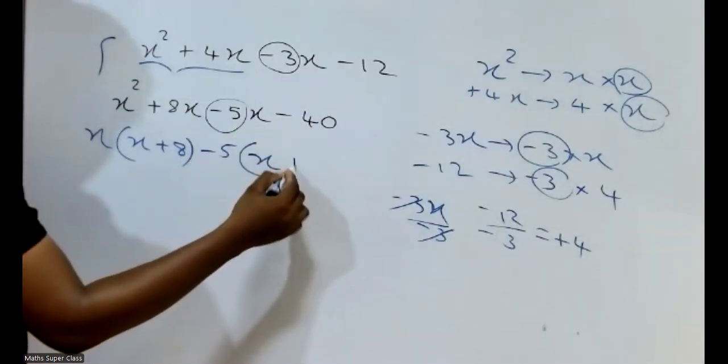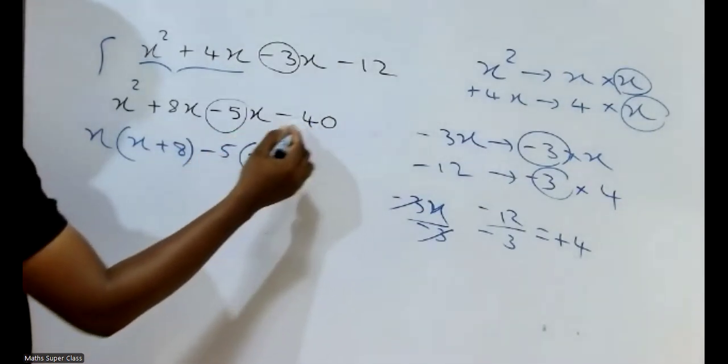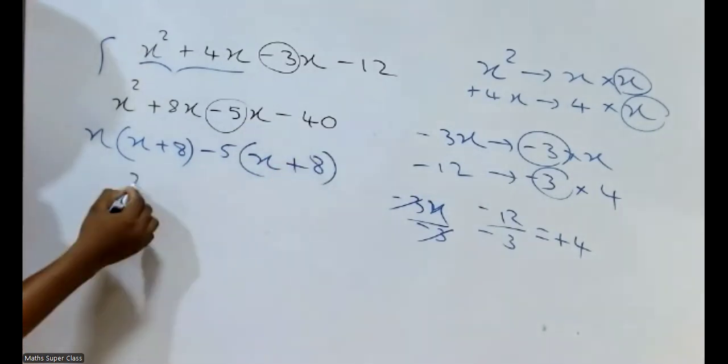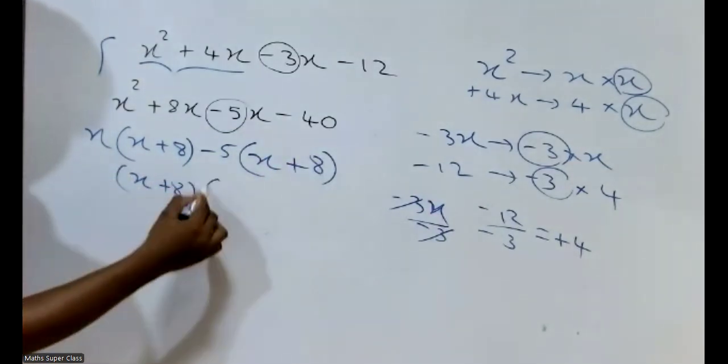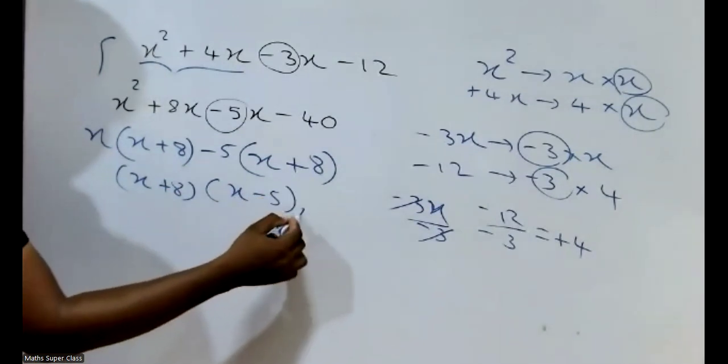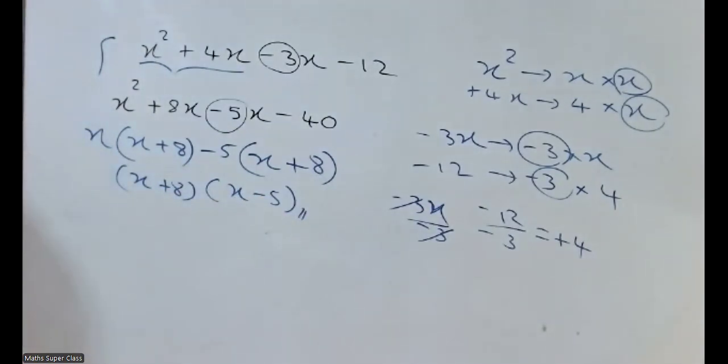Minus divided by minus is plus, and 40 divided by 5 is 8. So x plus 8, x minus 5. Did you see it? That's according to knowledge. When you are practicing, you will know these kinds of tricks. Is it okay, Fikra, or not? Yeah, good. So next one.